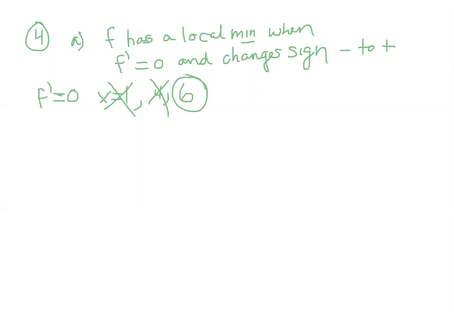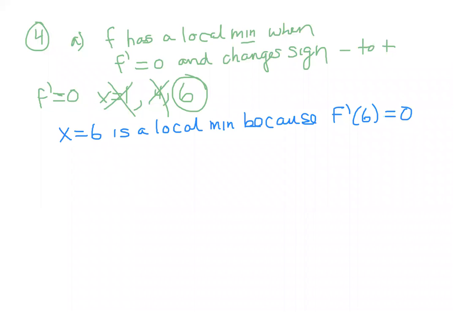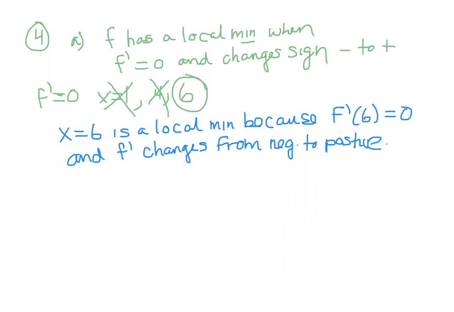So you would say x equals 6 is a local min because f prime of 6 equals 0 and f prime changes from negative to positive, or something like that. You get 1 point for that.